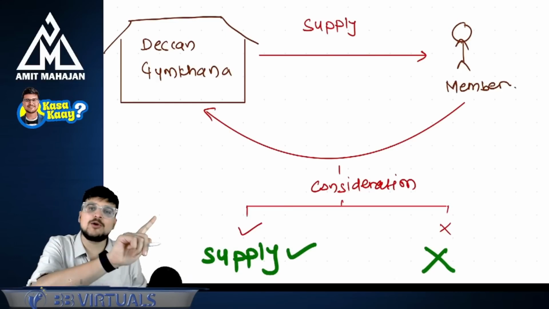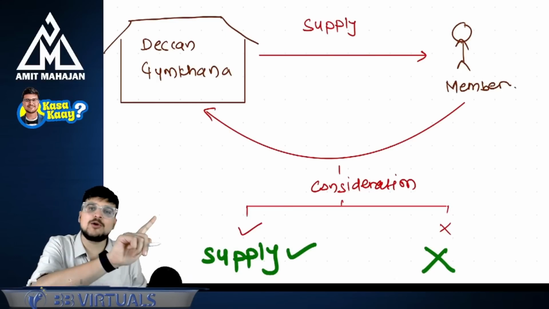Now, whenever again you see any question related to importation of service, you first focus on the chart. Is it with consideration? No. Is it without consideration? Yes, without consideration. If it is without consideration, the next question we should ask is whether that person is my related party or not. You can see here both are real sisters, so they are related parties. So without consideration, related parties.